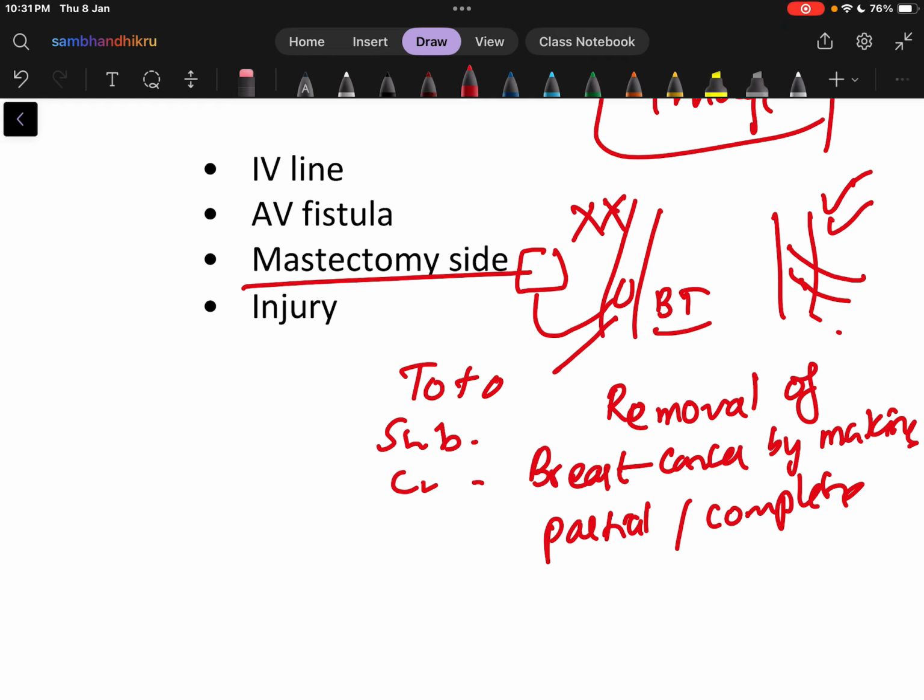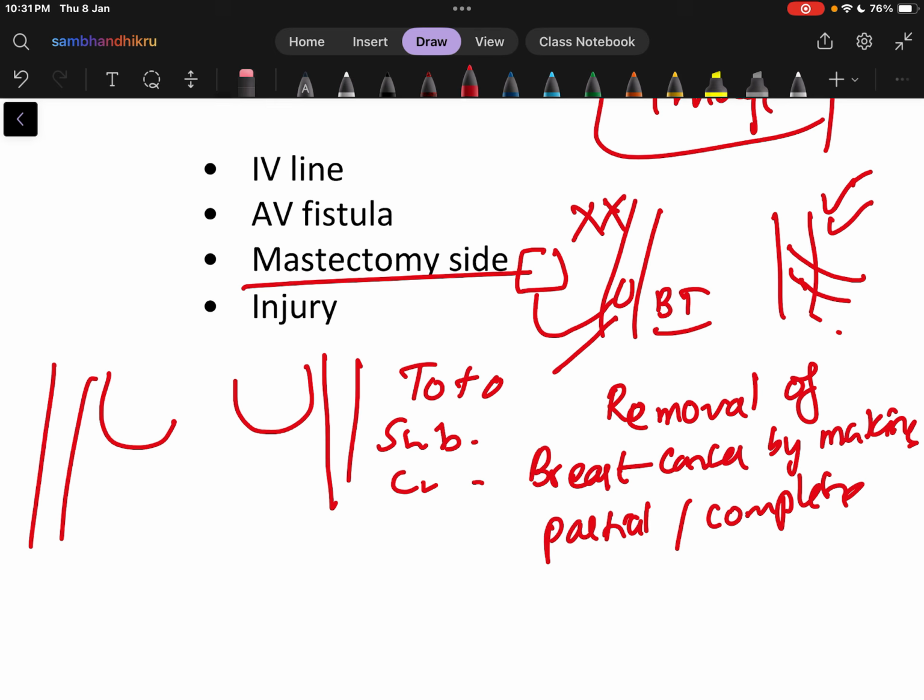So suppose on this side there is an arm. If they have done the removal of the breast and the surrounding tissues on this side, you should not assess the BP on this side. You should assess here.